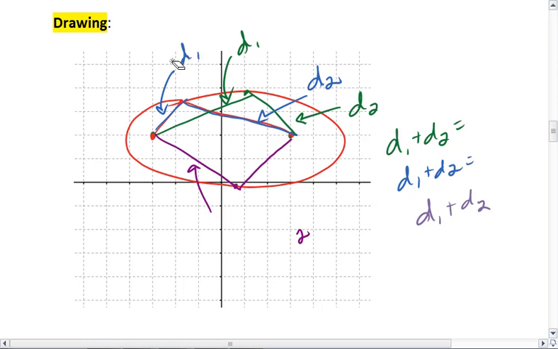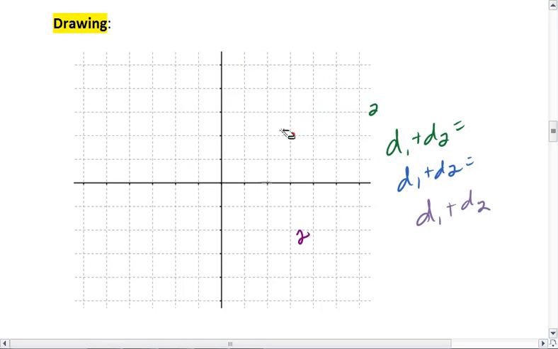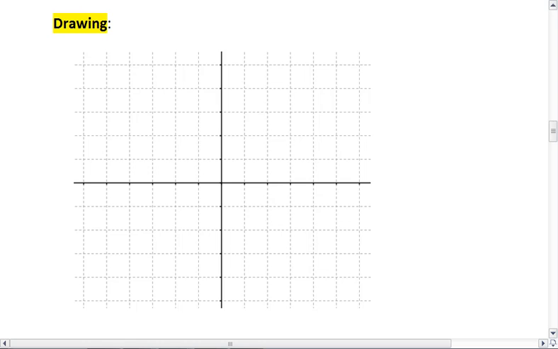So let me just show you something on the screen above again. If I have an ellipse, again, it's kind of tricky to draw these by hand, so just bear with me a little bit. There we go. An ellipse has two axes.